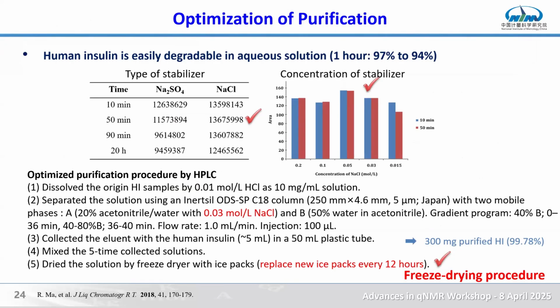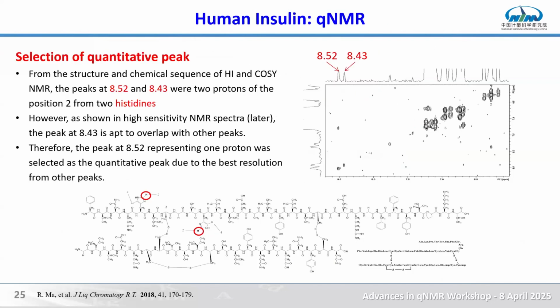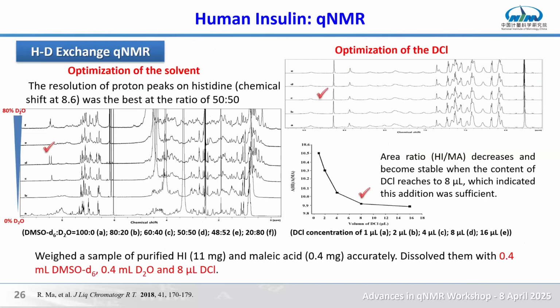Finally, we obtained about 300 milligrams of purified HI with an organic purity value over 99.7%. And the peak at 8.52, representing one CH proton from histidine, was selected as the quantitative peak due to the best resolution from other peaks.